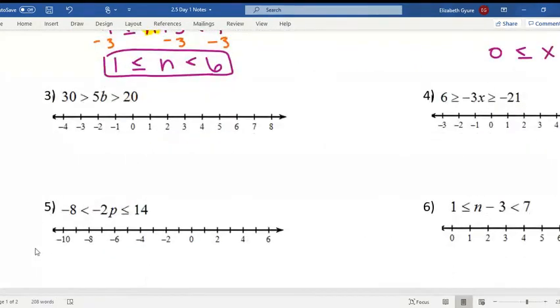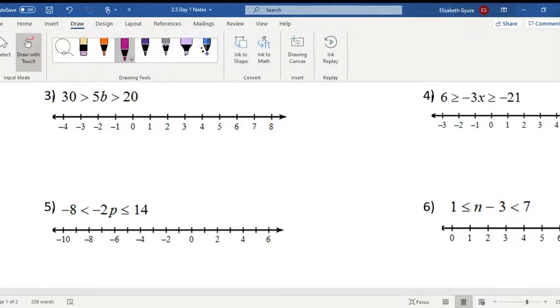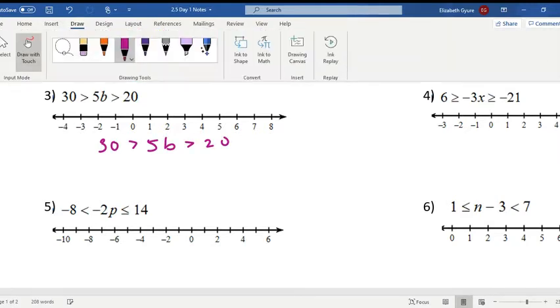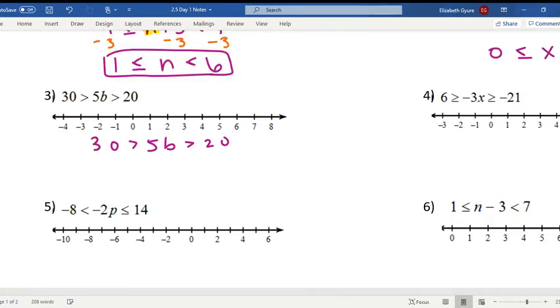Okay. All right, now let's look at number 3. We're just trying a bunch of these. 30 is greater than 5b is greater than 20. So here we have our variable in the middle again, right? We want to get our variable all by itself in the middle.